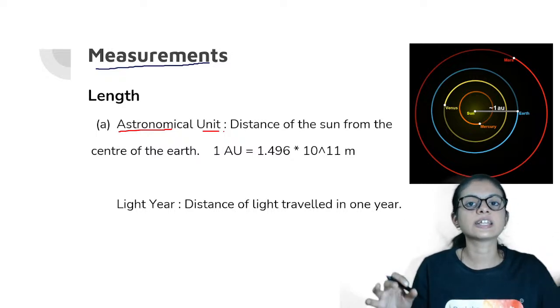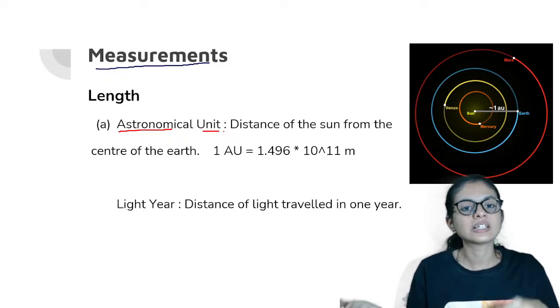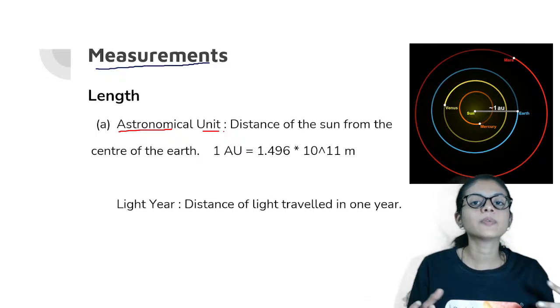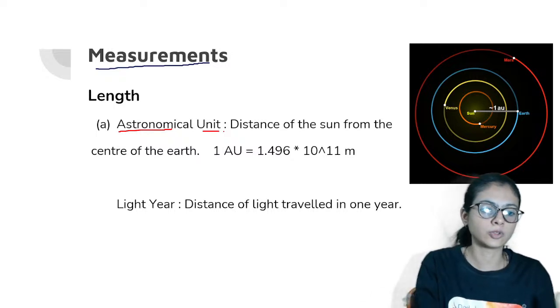So instead of saying it as 1.49 into 10 power 11 meters, we'll directly jump to one astronomical unit. Why, ma'am? We could have said 1.49 into 10 power 11. That was okay. Why do we want to convert into astronomical units?